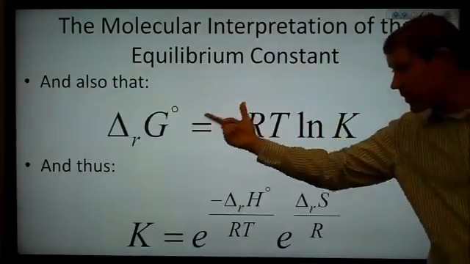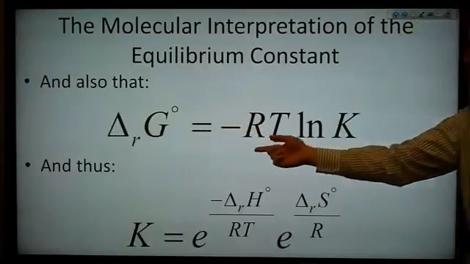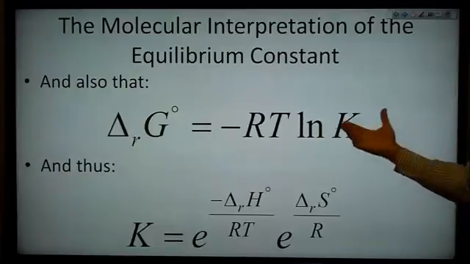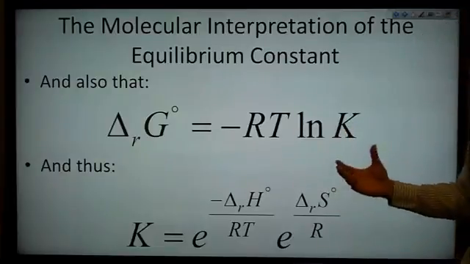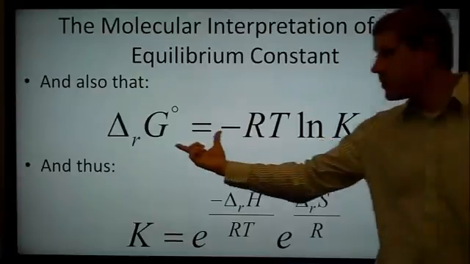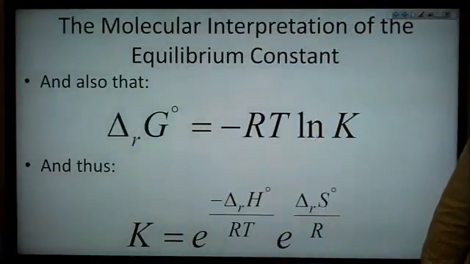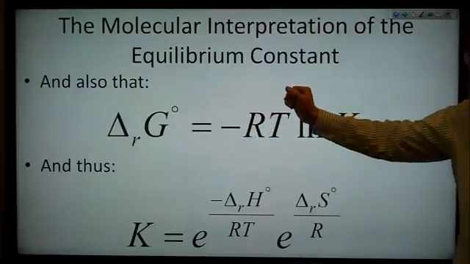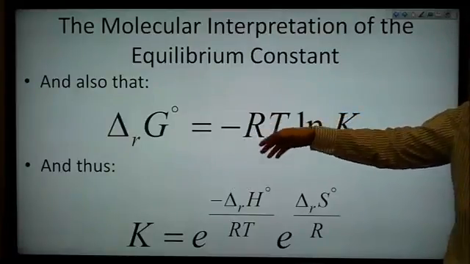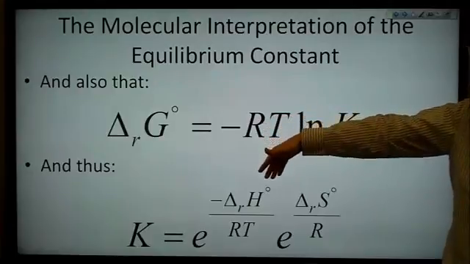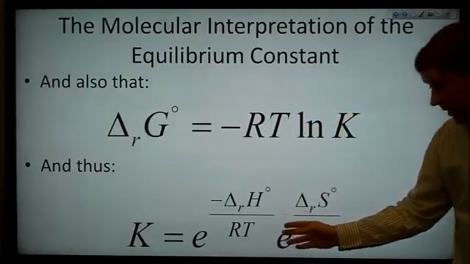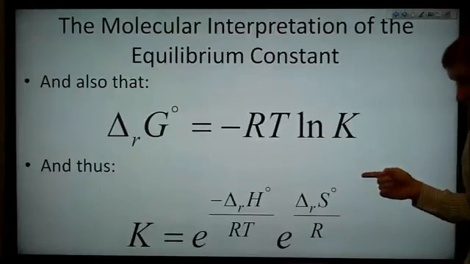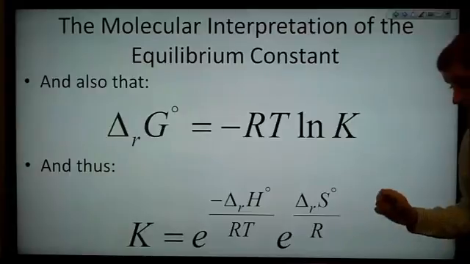And also remember that our delta rG naught here is equal to minus RT ln K. And that means now if we set the two equal to each other, because they're both equal to delta rG naught, and solve for K, now we get K is equal to e to the power of minus delta rH naught over RT times e to the power of delta rS naught over R.